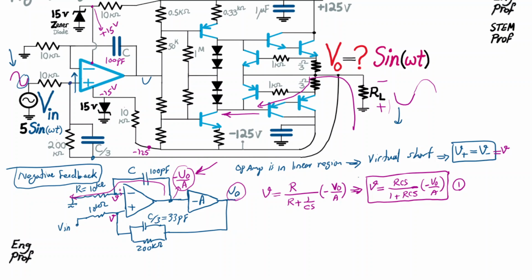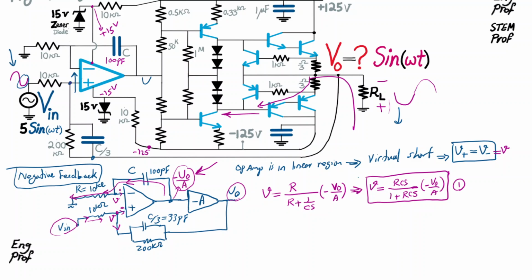The next thing I'm going to do is write a KCL here. So effectively we wrote a KVL on top, and in combination with KCL, knowing that at the negative terminal whatever current goes through the cap should go through the R. That's basically a KCL, or Kirchhoff current law, at the negative terminal. We can do a KCL which says whatever current coming from V in going through 10K cannot go through the positive input terminal of the op-amp, and that current should continue.